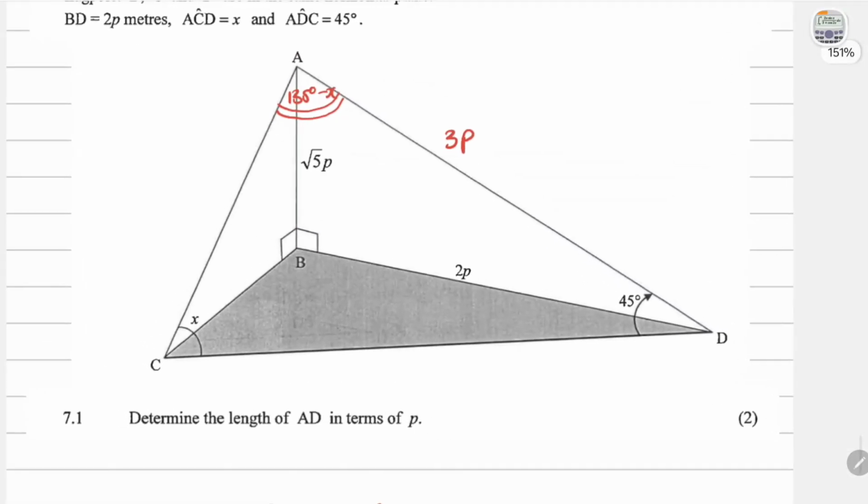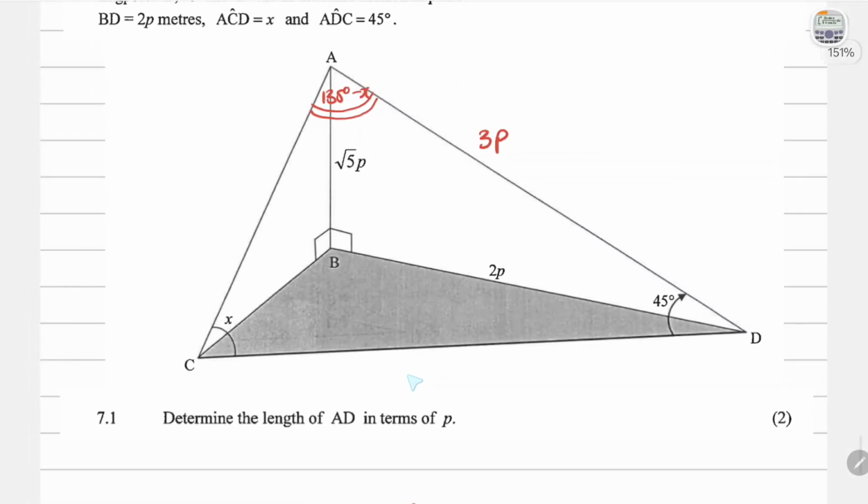Okay, now we can go ahead and use the sine rule. So we're looking for CD. And so we're going to take CD over sine of this angle. And then you also have, because you started with a side and then an angle, you need to also start with a side and angle for the next pair. So we will take AD, which is 3P currently, over sine of that angle.